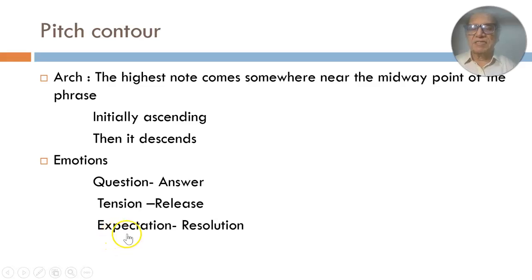In some other context, you can call it expectation and resolution. As the pitch builds up, there could be a leap that you take suddenly, increase the frequency by quite a bit. That leap will generate some expectation, and again it is resolved by going down smoothly. All right, so that is arc. Let us now see an example of an arc.